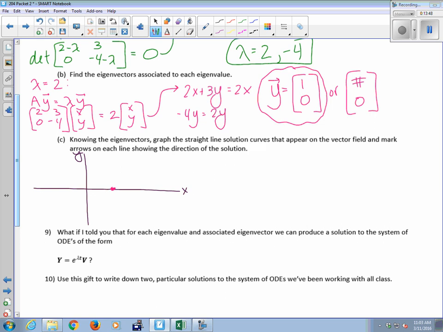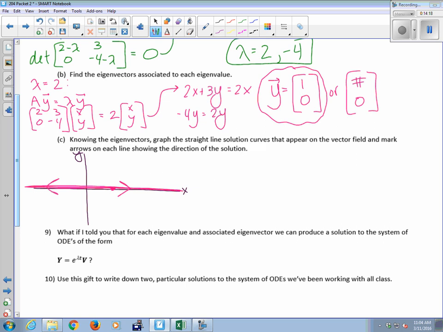This is one of my straight lines, the line that goes through the origin and 1, 0. Now, should I point my direction arrows towards the origin or away? Away from the origin, because lambda is positive. When lambda is positive, these point away. Okay, so there's one of my straight line solutions.